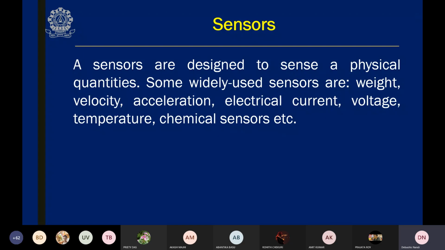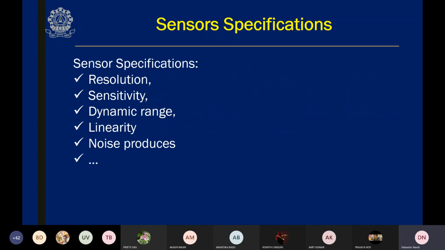For example, pressure can be sensed by a pressure sensor, and then the sensor will generate a corresponding electrical signal which will indicate the variation of the pressure in the environment. Okay, so pressure can be sensed, velocity, acceleration, electrical current, voltage, temperature, chemical things can be sensed by sensors.